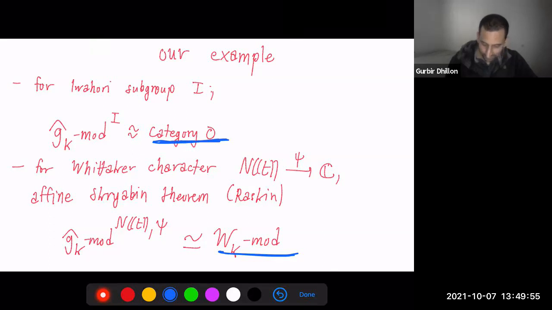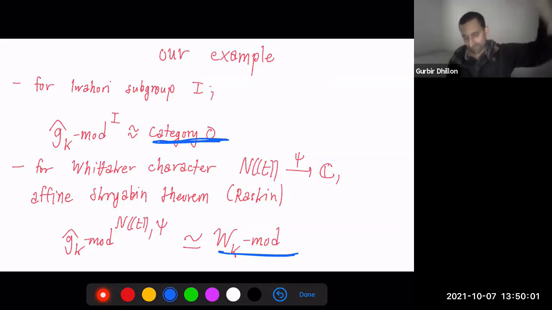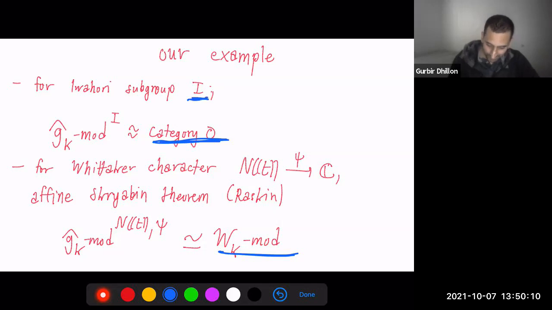To state this, recall that category O is something like a Borel acting locally finitely on your representation. It turns out the analog of the Borel is this Iwahori subgroup.